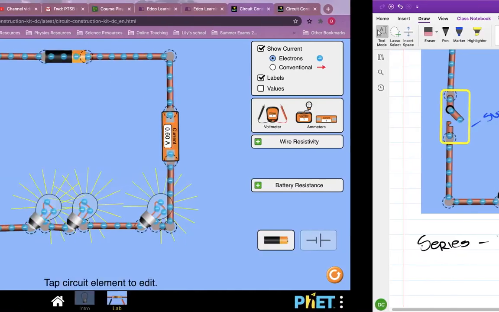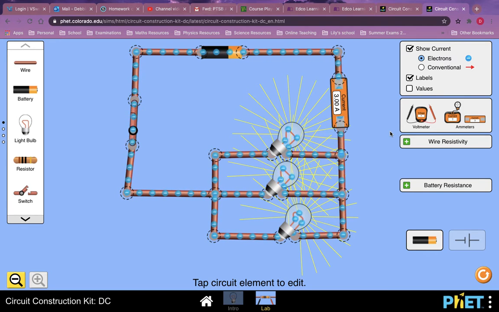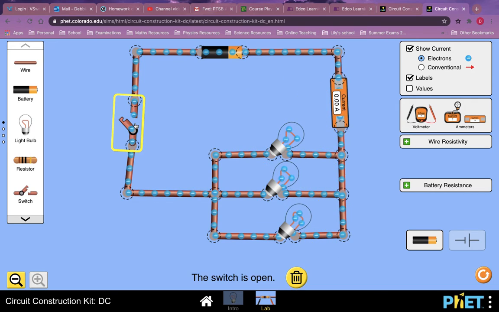Now let's look at the parallel one. I'll just break this for a sec. So there it is, stopped. Here's the parallel. Here I have my battery and I have an ammeter in again. I have a switch over here for safety. But now look what I have. Can you see where the word parallel comes from?